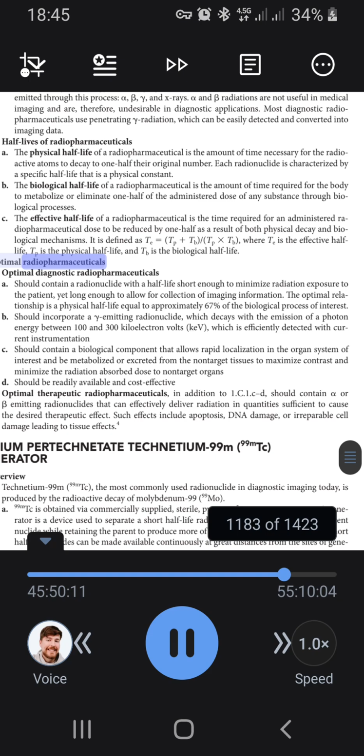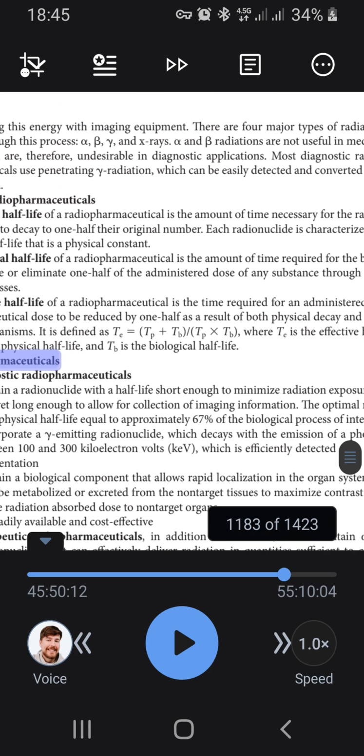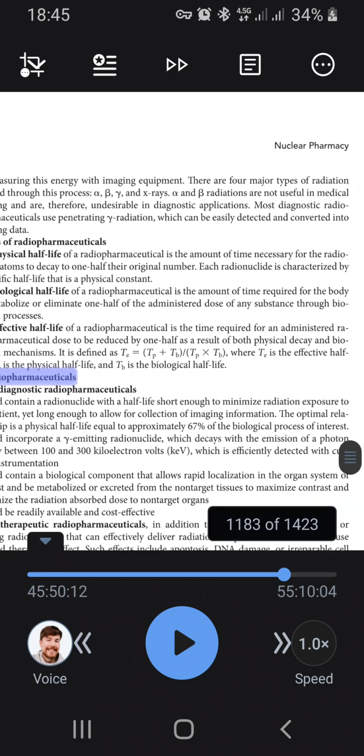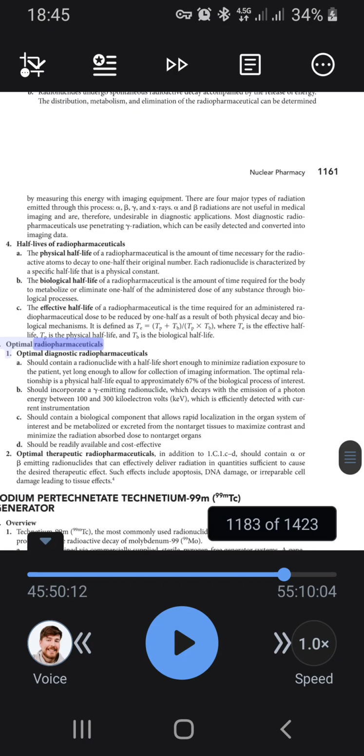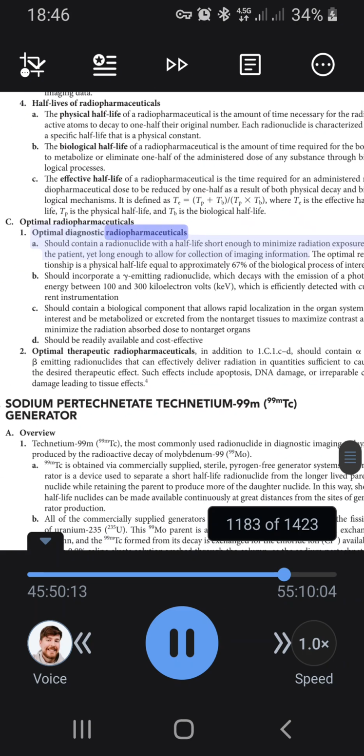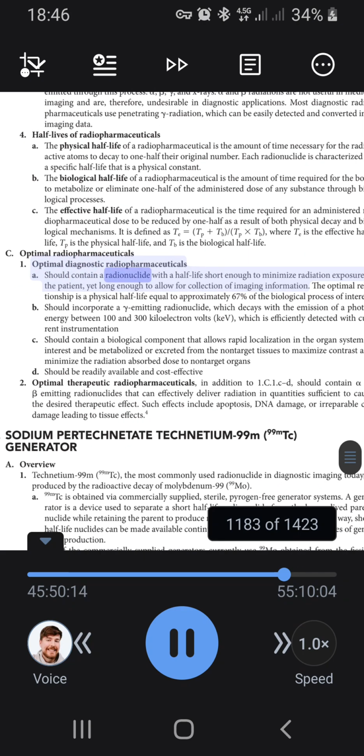C. Optimal radiopharmaceuticals. 1. Optimal diagnostic radiopharmaceuticals should contain a radionuclide with a half-life short enough to minimize radiation exposure to the patient, yet long enough to allow for collection of imaging information.